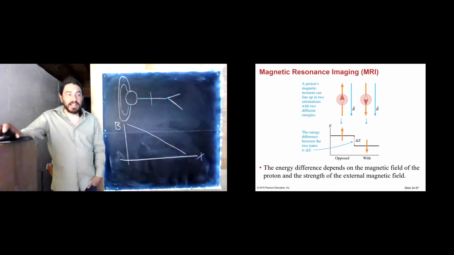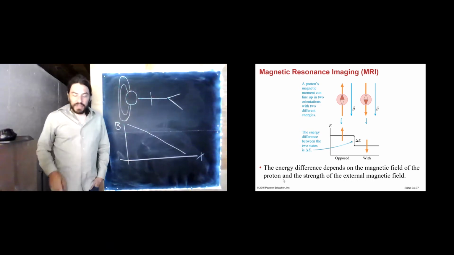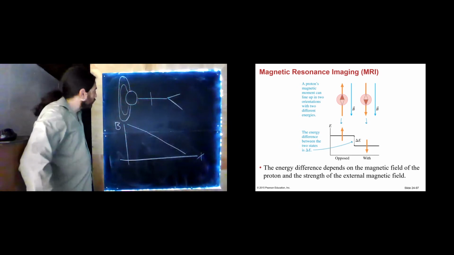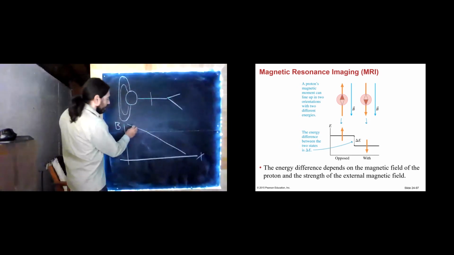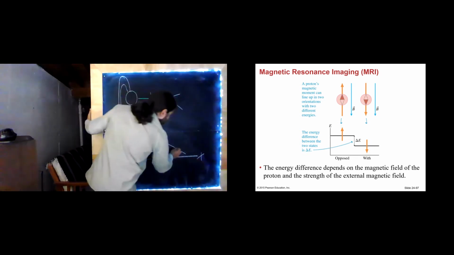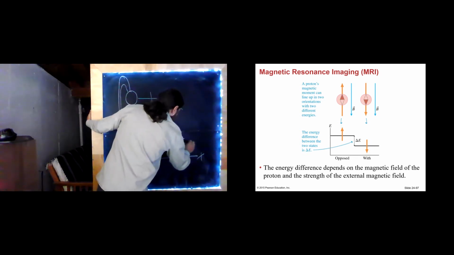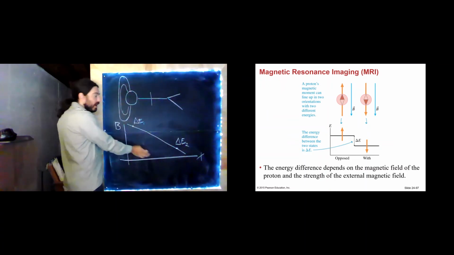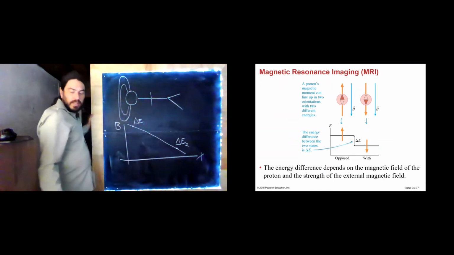Now, a key point here is that the energy difference depends on the magnetic field of the proton and the strength of the external magnetic field, which means that the delta E for some point right here would be greater than the delta E for some point down here. So delta E1 would be greater than delta E2.